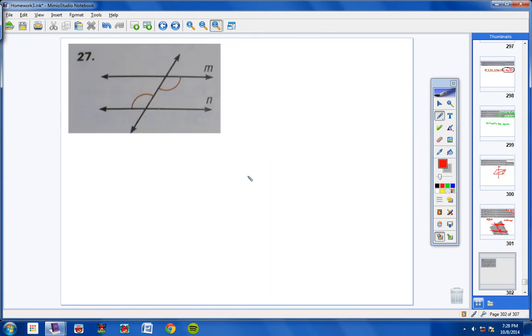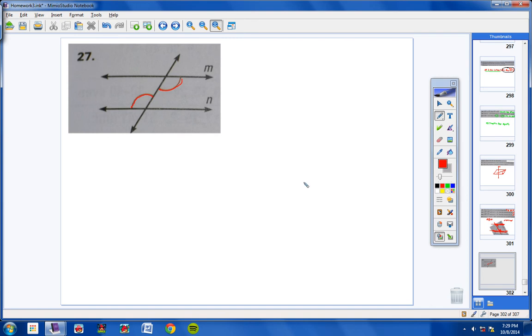Numbers 27, 28, and 29 conclude whether you have enough information or whether you don't have enough information to decide whether the two lines M and N are parallel. Well, look guys, we have two lines cut by a transversal. This angle here is congruent to this angle here, right?